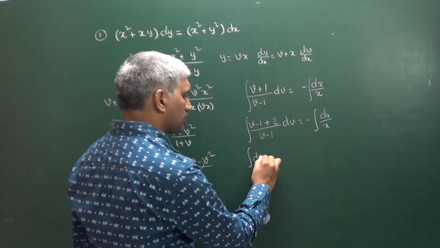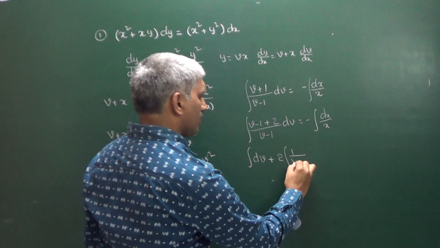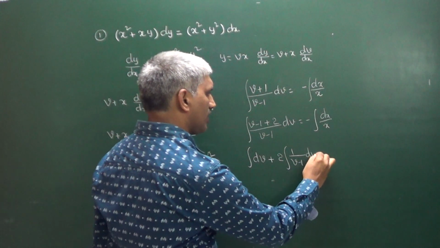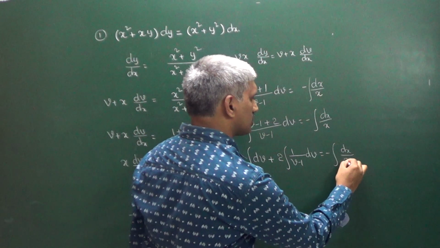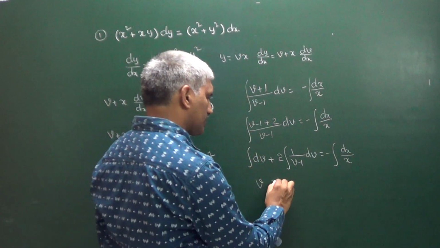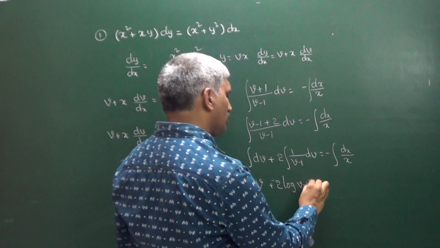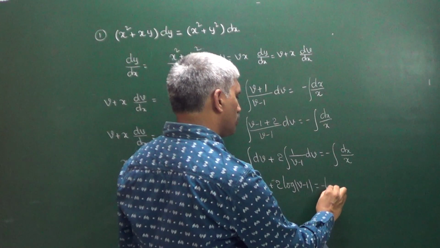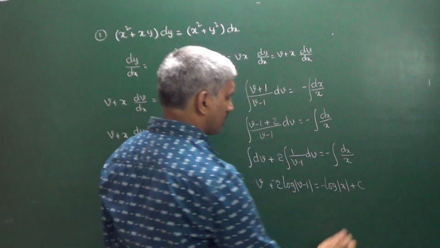We will get integration of dv plus 2 into 1 by (v minus 1) into dv is equal to minus integration of dx by x. Now integration of dv is v, plus 2 into the integration of 1 by (v minus 1) is log mod (v minus 1), is equal to minus log mod x plus the constant of integration.